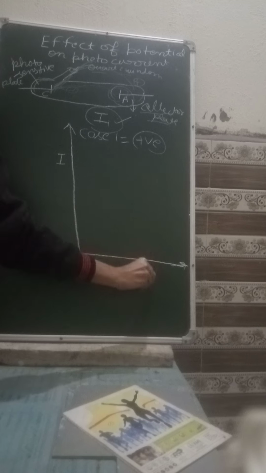Okay, so to represent them graphically, on the y-axis we represent the photocurrent I, and on the x-axis we represent the collector plate potential, let's call it anode potential.